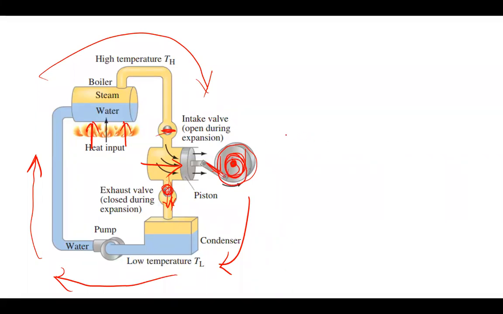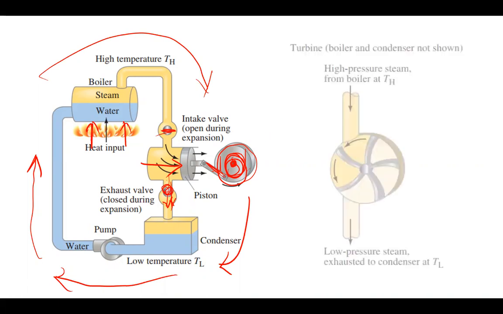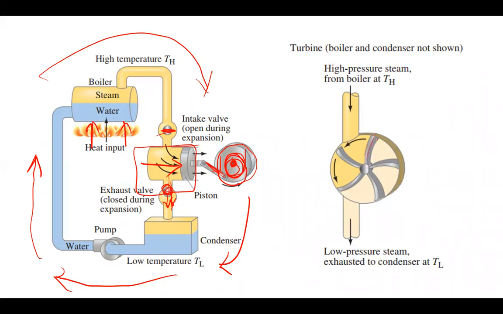Another thing you can talk about with machines that operate on this principle is the turbine itself. There are heat engines which have a turbine. Instead of a piston here, the piston is replaced by a turbine which has a rotating shaft.